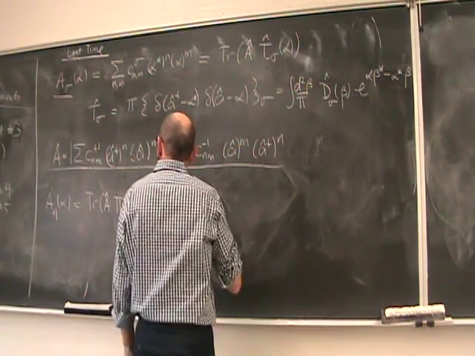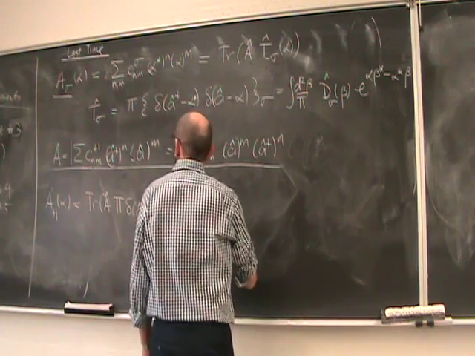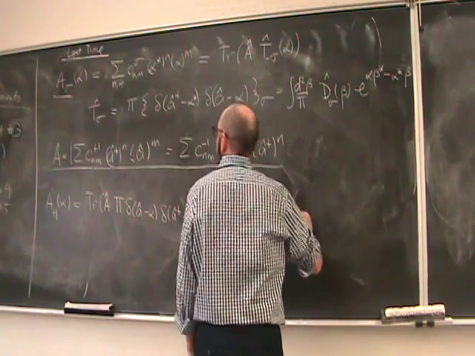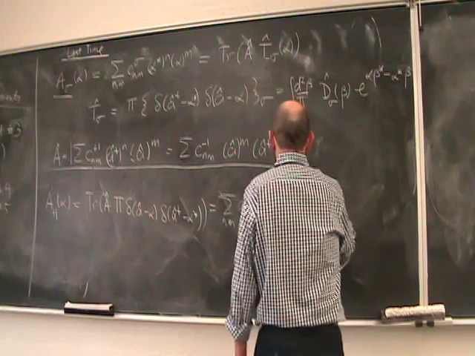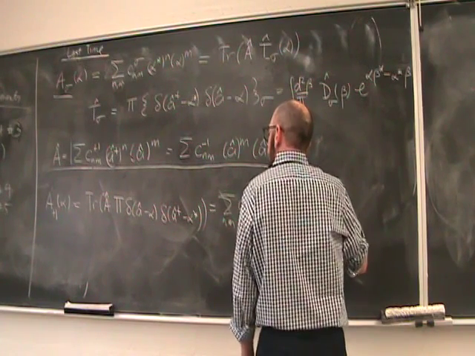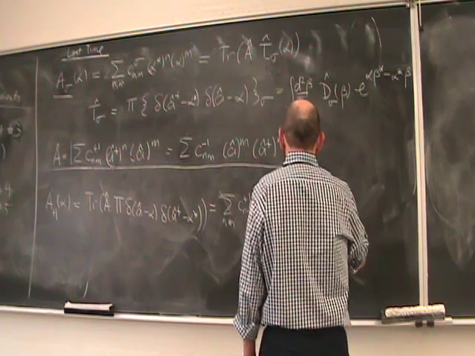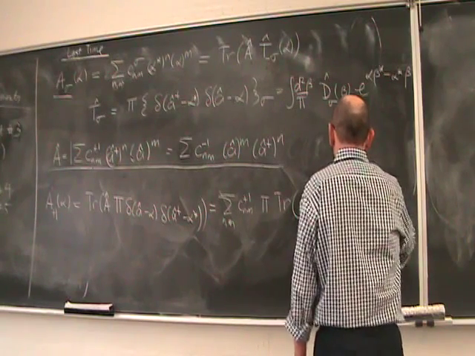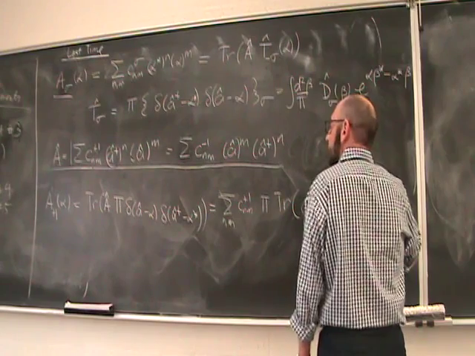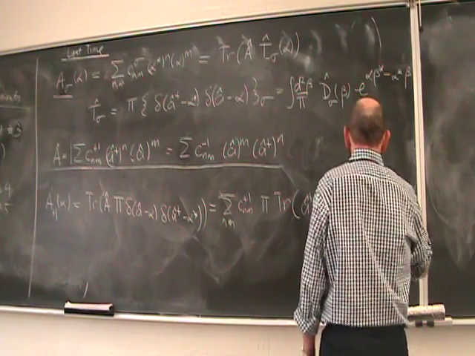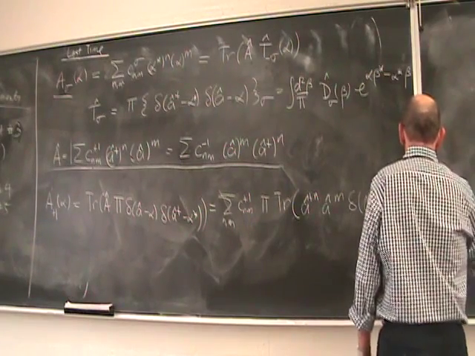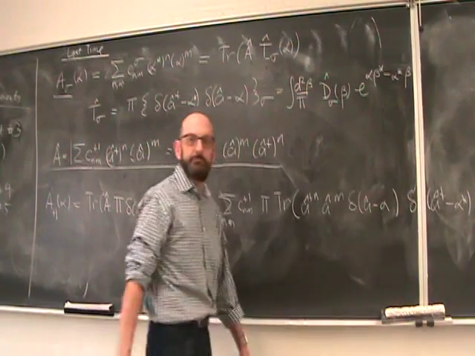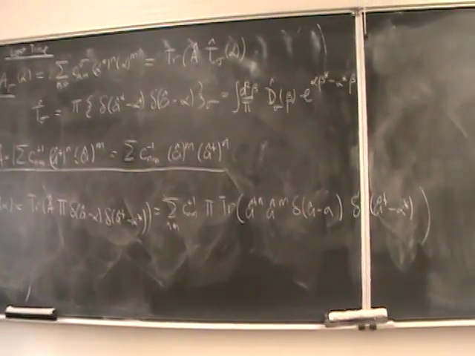So that is equal to the sum over n and m, c_nm, plus 1 over pi, the trace of A dagger to the n, A to the m, delta of A minus alpha, delta of A dagger minus alpha star.